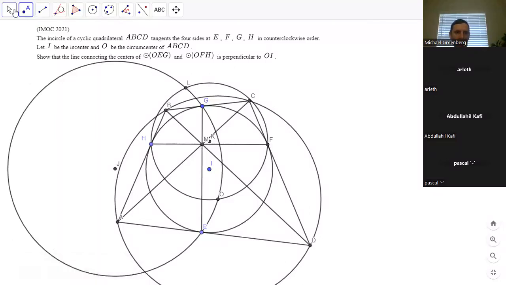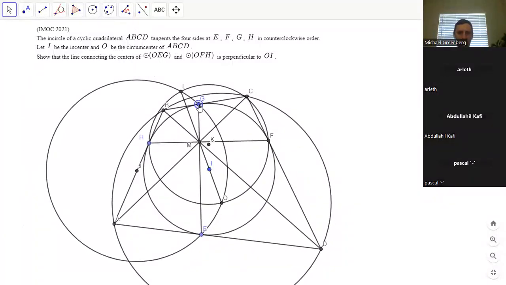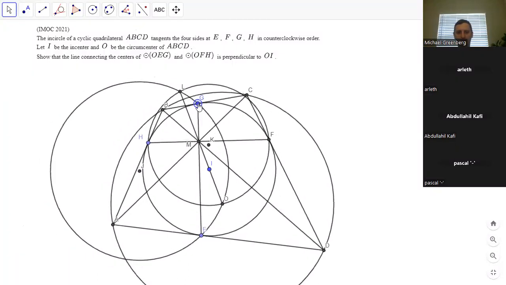Maybe, I wonder if this intersection point lies on the line OIML. Yes. So that could be very useful. I don't know why that's true, but it looks like it's probably useful in solving the problem.